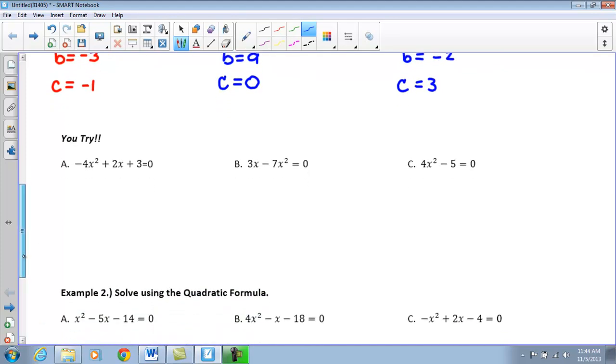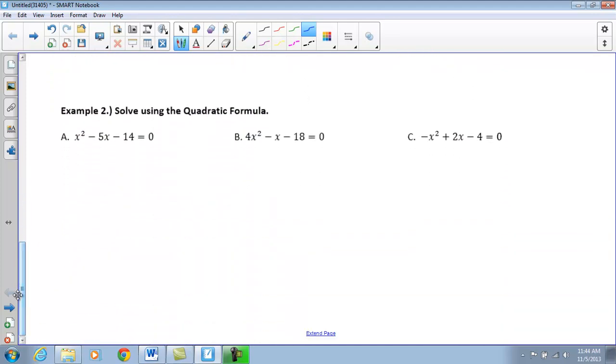Now if we look down at example 2, we are actually going to use our quadratic formula to solve. So just a reminder, so we don't have to scroll back up to the top, we are going to take the opposite of b plus or minus the square root of b squared minus 4 times a times c, all divided by 2 times a.